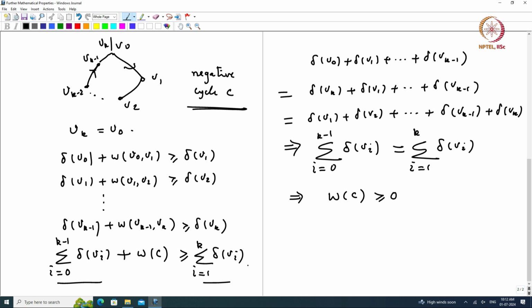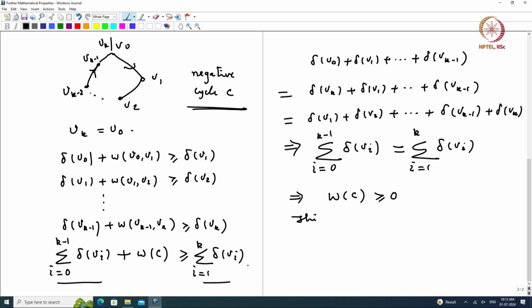Why is this greater than or equal to 0? I cancel these two equal terms. Okay. So, the term on the left and the term on the right are cancelled, but this is a contradiction. Weight of C greater than or equal to 0 is a contradiction.